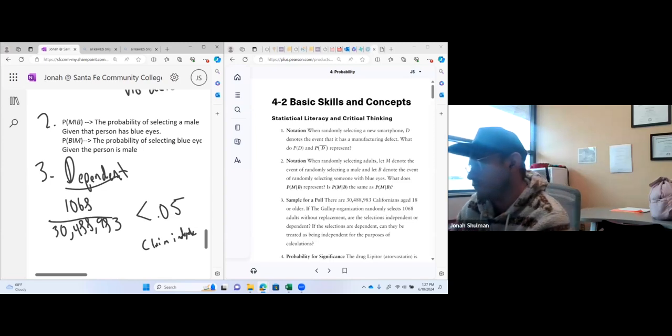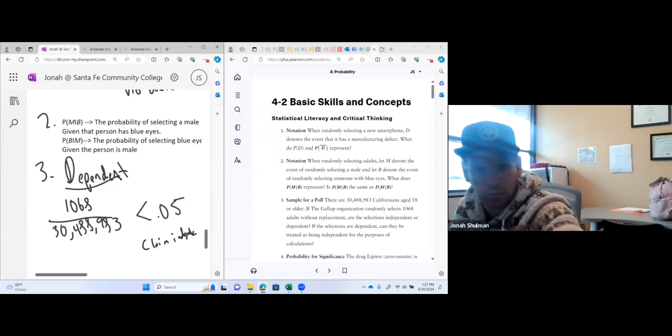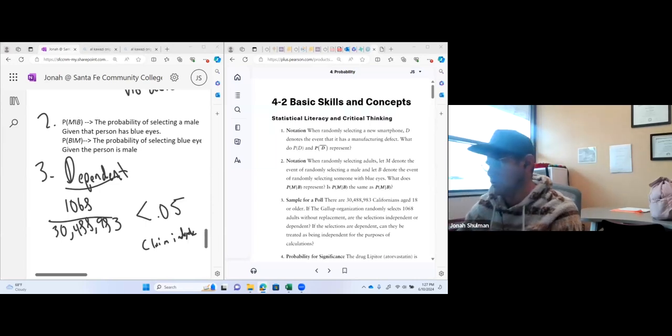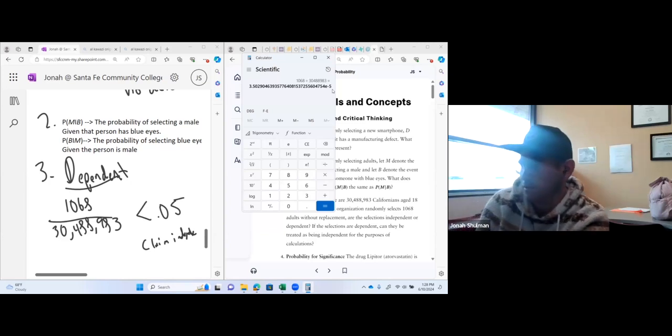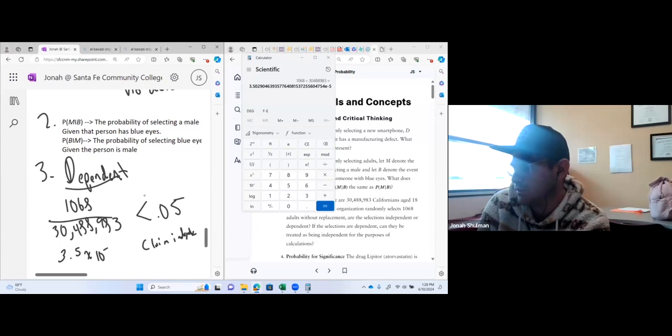Let's let the calculator be our friend. 1068 divided by 30,488,983. It is to the -5th. It is way less. So what does this mean? This says we have 3.5 times 10 to the -5th.